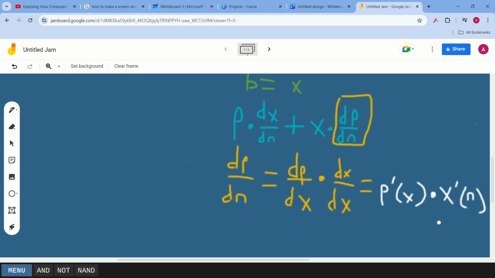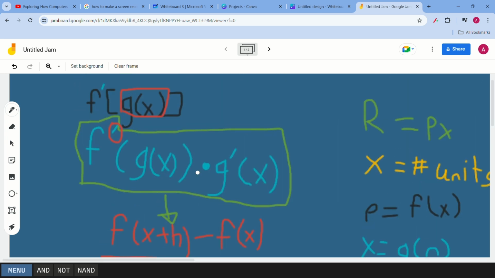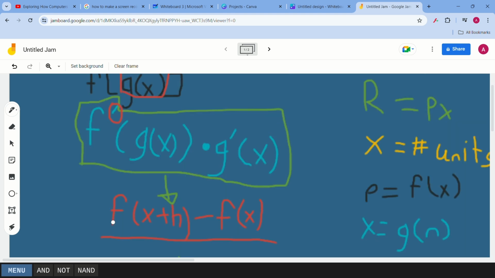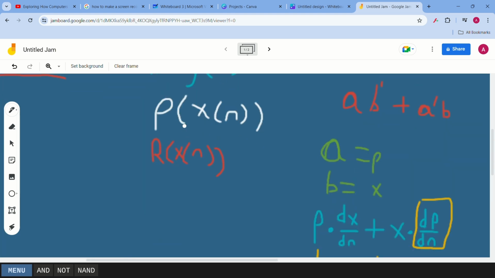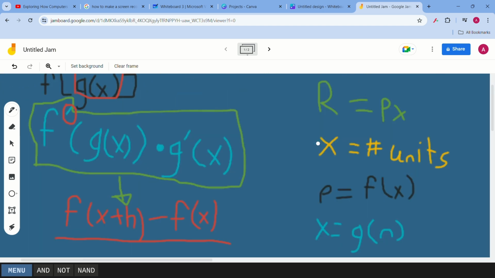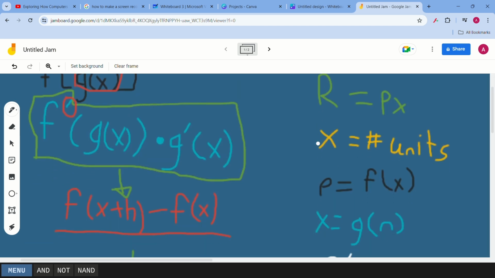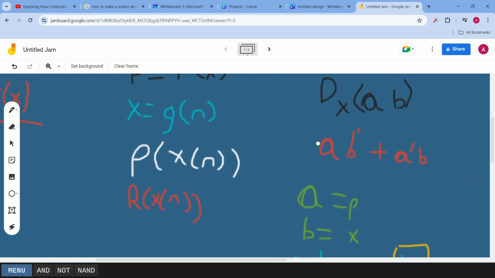I wonder, where else have we seen this very equation? Guess what? It's the chain rule. f of g of x: f prime of g of x times g prime of x. I don't know if you already know, but yeah, it's true.